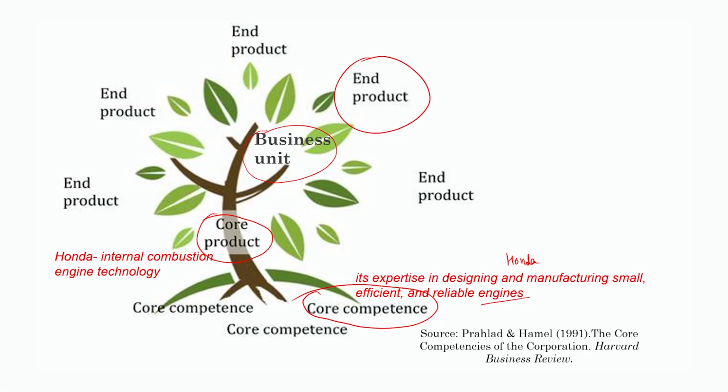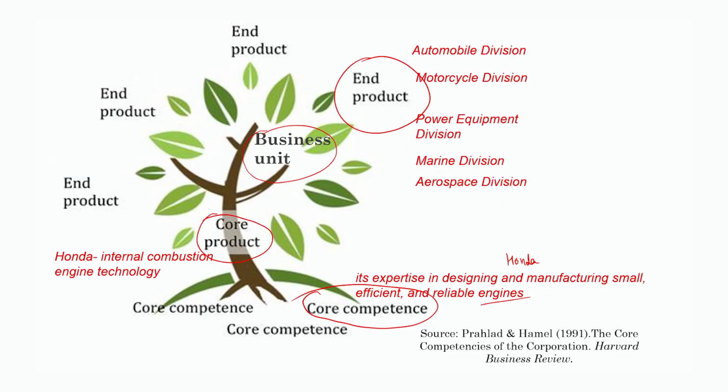They manufacture engines not only for themselves but also for other companies. So that is their core product. From that core product, there are different business units like the automobile division, motorcycle division, power equipment division, marine division, and aerospace division. All these are different business units for Honda.